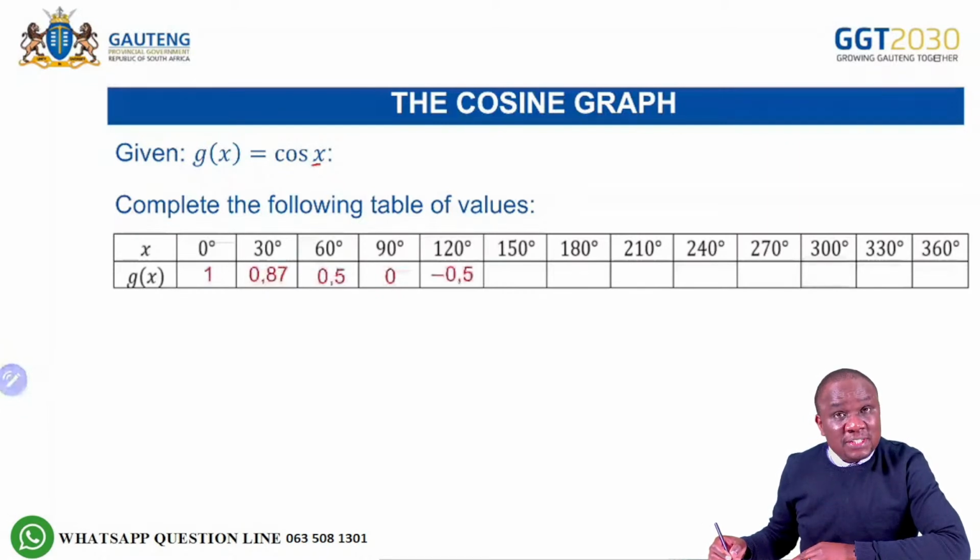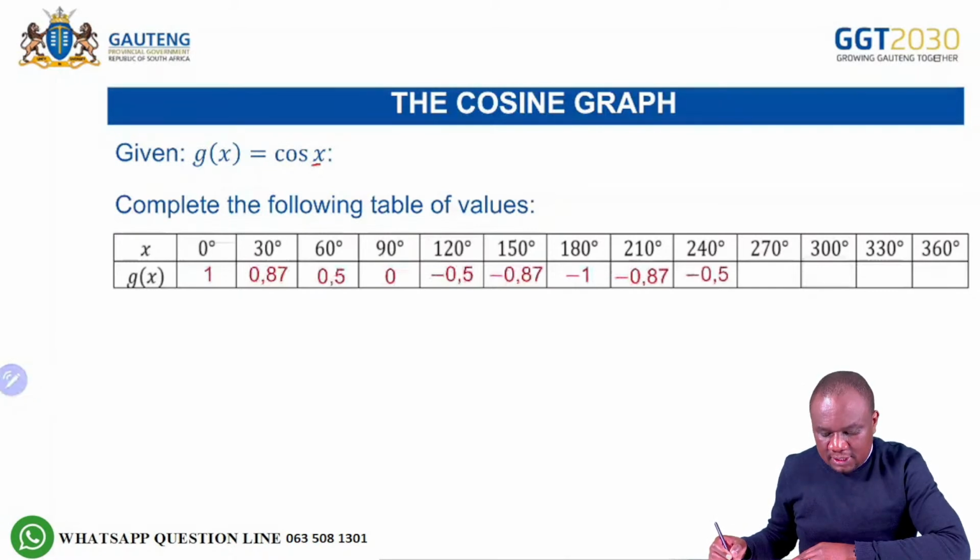Cos 120 degrees negative 0.5. Cos 150 degrees negative 0.87. And then cos 180 degrees negative 1. Cos 210 degrees negative 0.87.